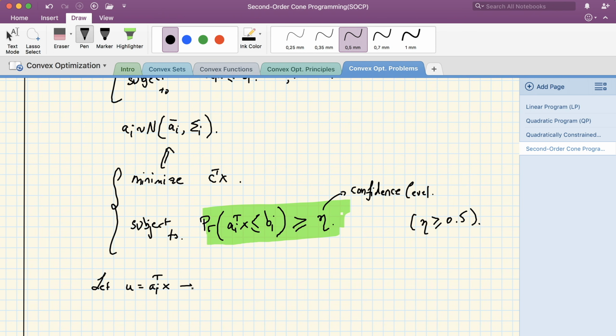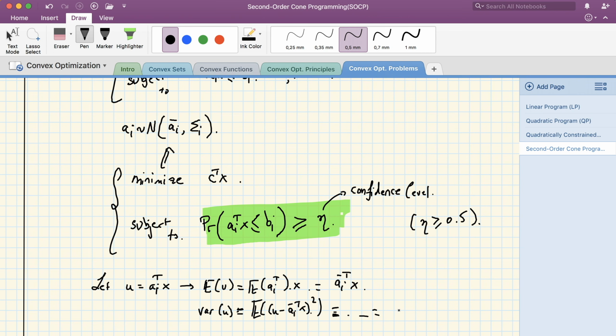The mean of this guy, so the expectation of U, will be the expectation of AI transpose times X. The expectation of AI is AI bar, so we'll have an AI bar transpose X. And the variance of U will be the expectation of U minus the mean of U, which is AI bar transpose X, all squared. Now, using some straightforward math, we can show that this guy is actually X transpose sigma I X.